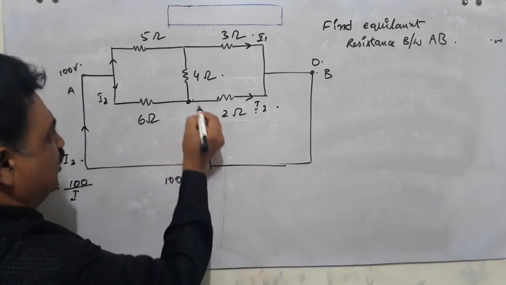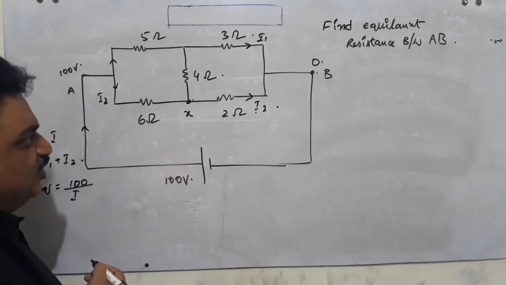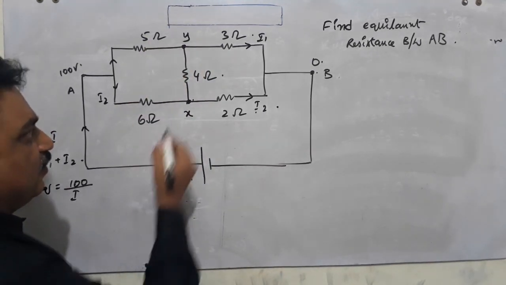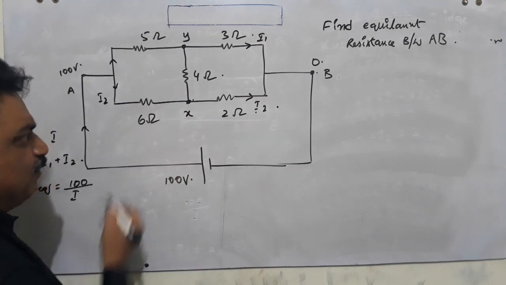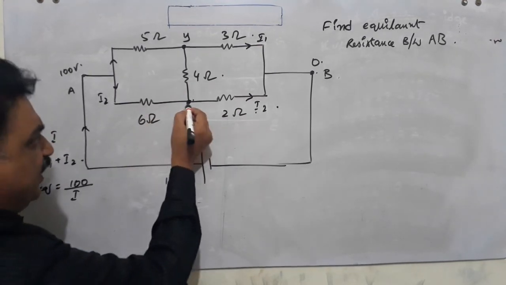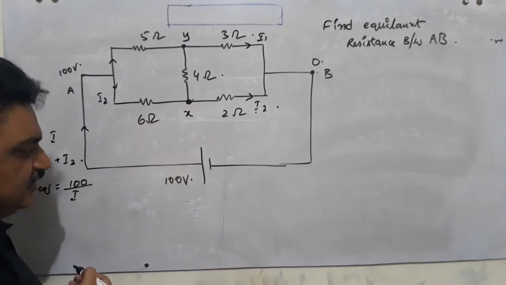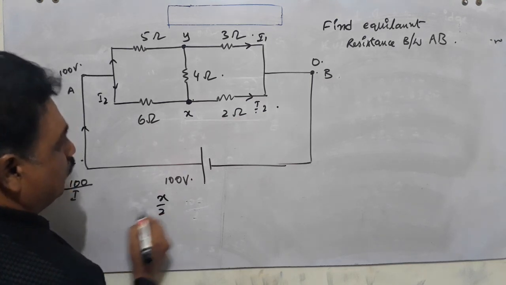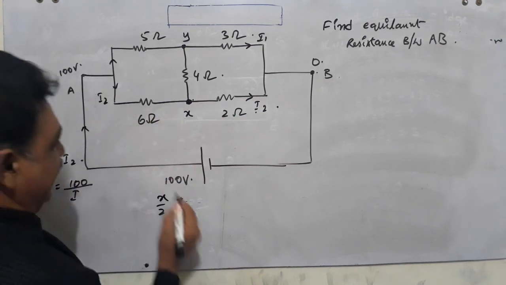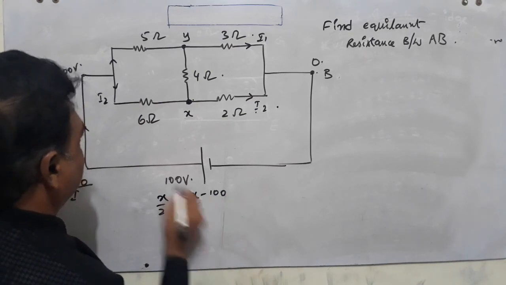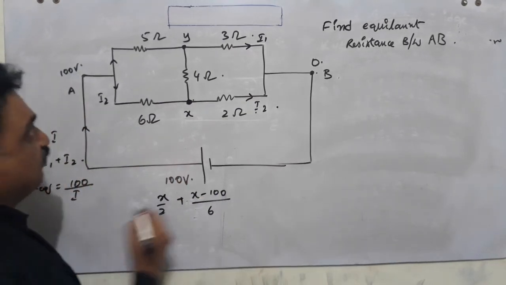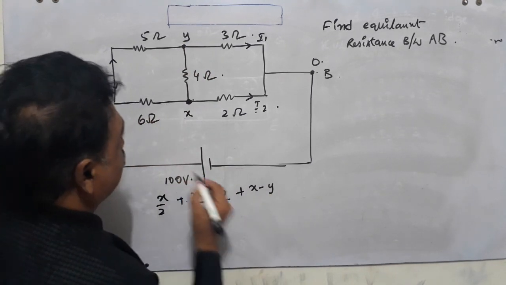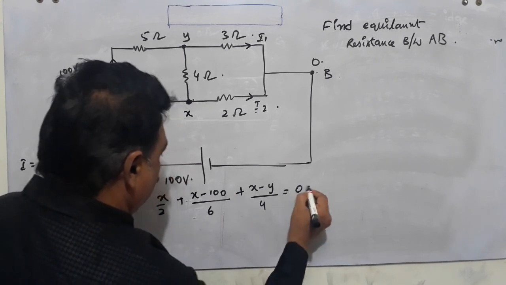See this point, at this point I am taking X as the potential and at this point Y as the potential. For this X I am applying KCL. That means the algebraic sum of currents passing through this point is equal to 0. That means X by 2 plus (X minus 100) by 6 plus (X minus Y) by 4 is equal to 0.